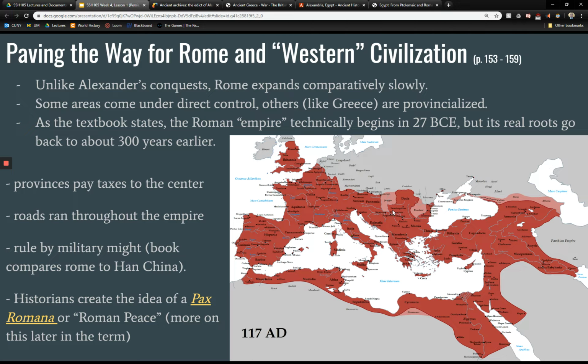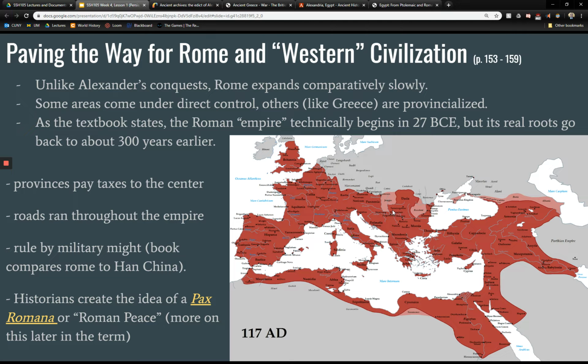So unlike Alexander's conquest, Rome expands fairly slowly. A few hundred years later, it peaks around 117 AD or CE.